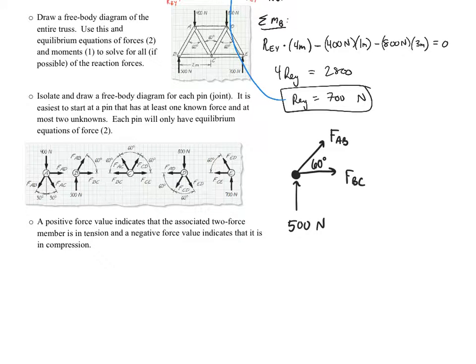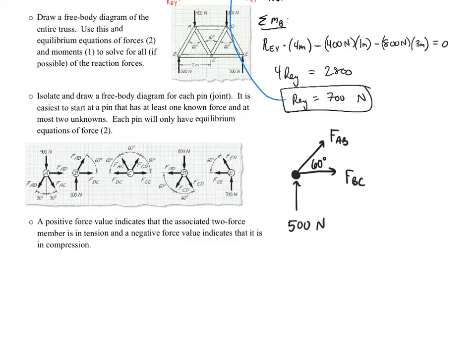How many forces are acting in the x direction? Good. Now, correct yourself, it's not just one. FBC is only the x, but FAB is the x and the y.